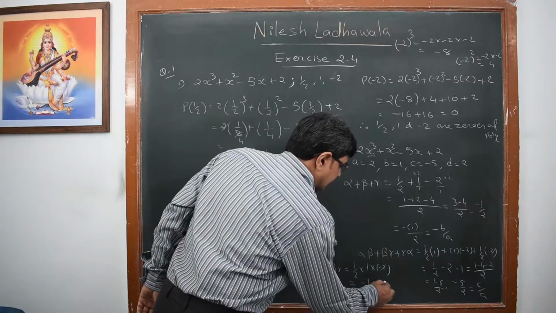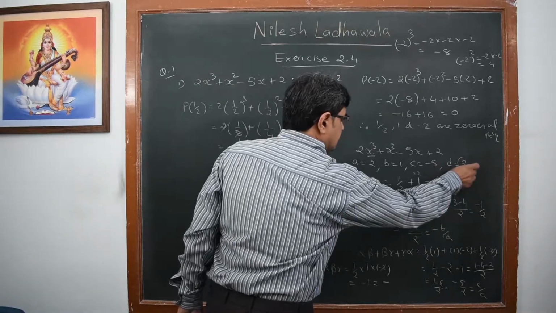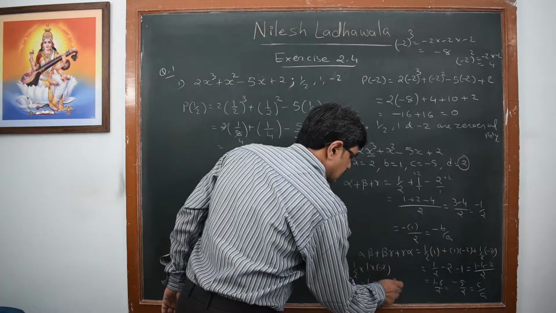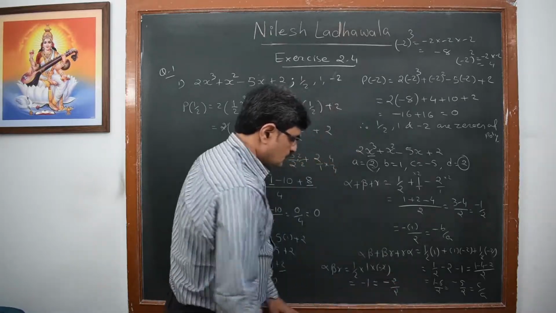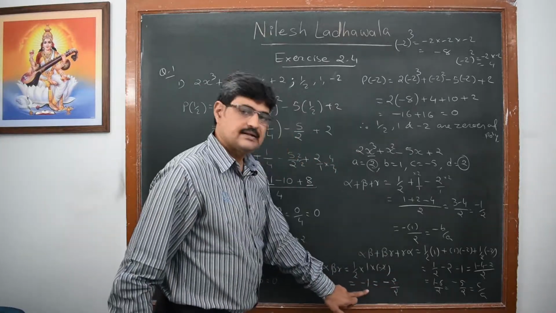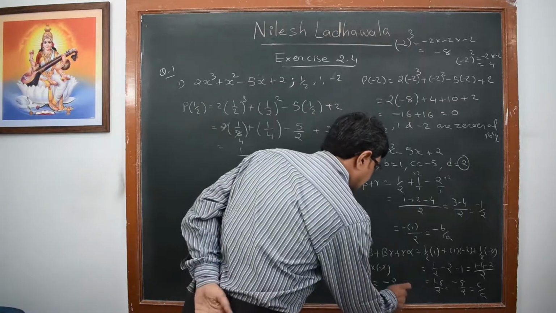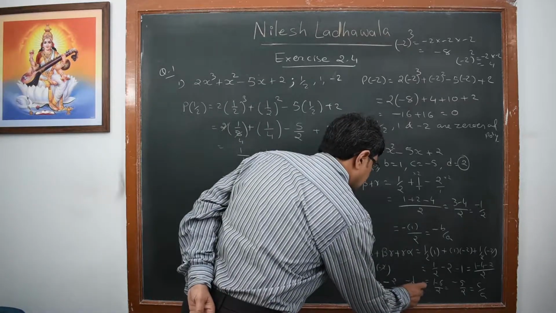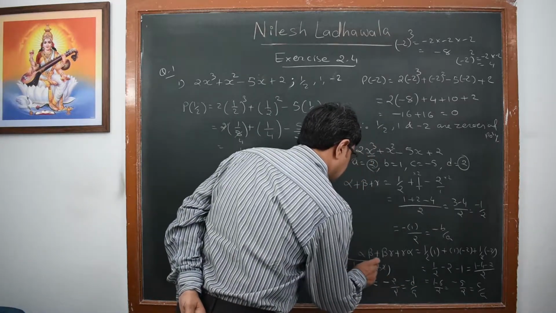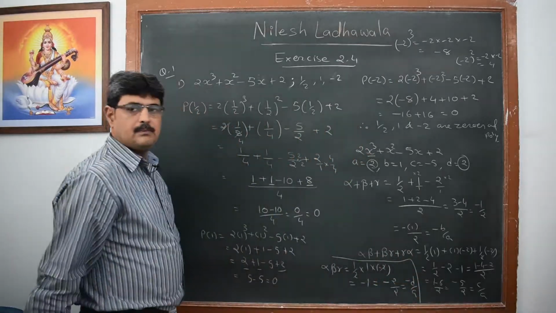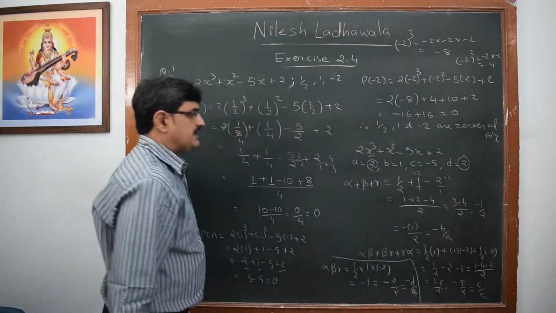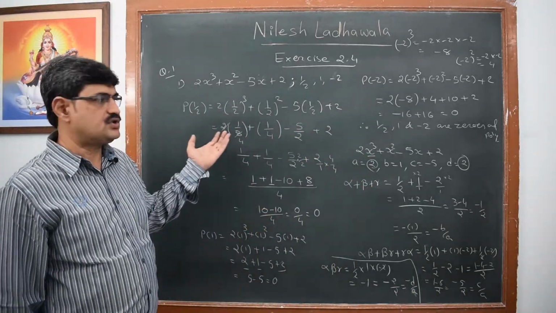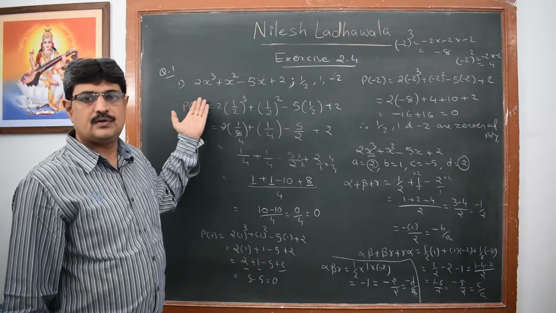So I will write here minus D. What is the value of D? 2, upon A, that is 2. So you can say that minus 2 upon 2 is equal to minus 1. And hence I can say that alpha into beta into gamma is equal to minus D upon A. So in this way we can have the relation between zeros and coefficients.